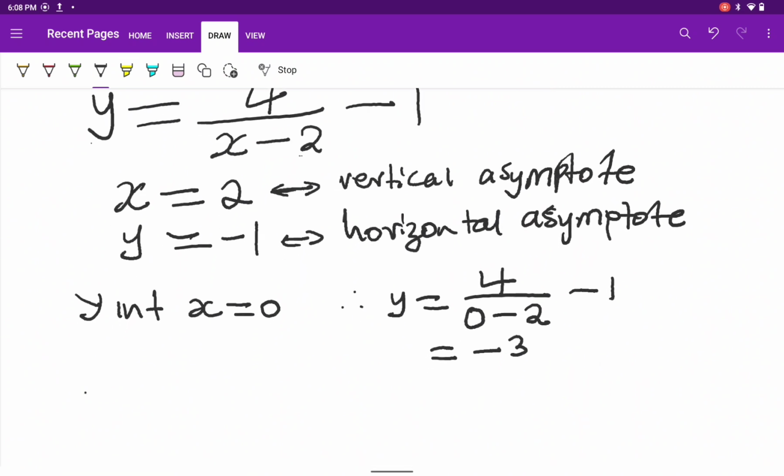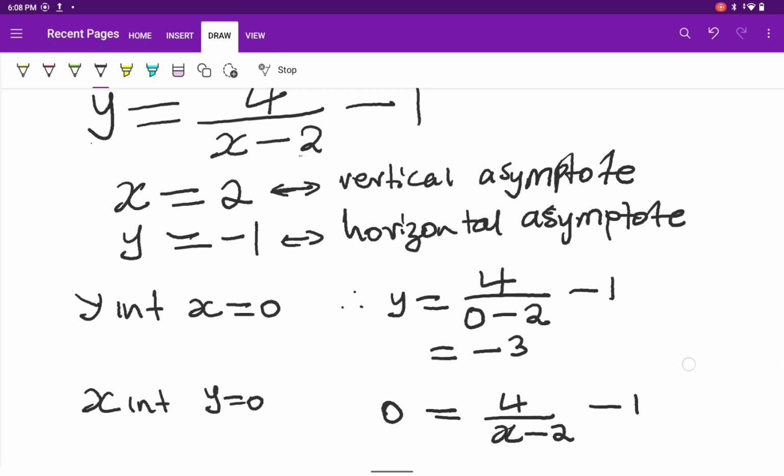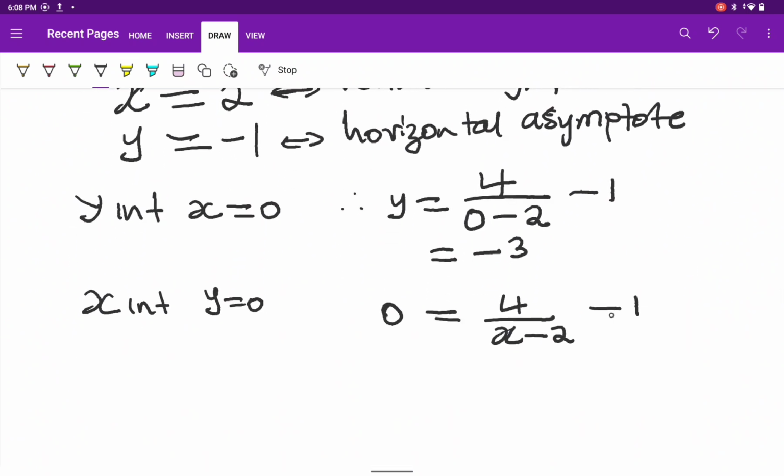So the x-intercept: we know that the y value is 0, so we will have 0 on y, and we will have 4 over x minus 2 minus 1. Right, so we are solving for x. We take the -1 to this side, and it becomes positive.